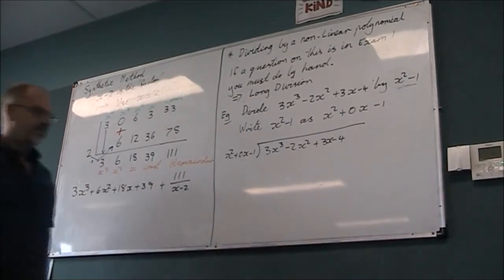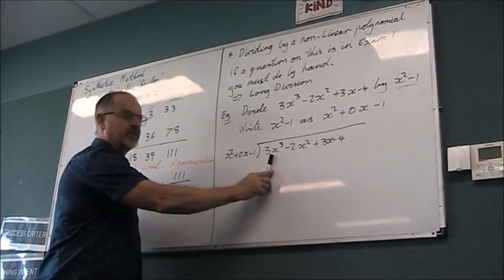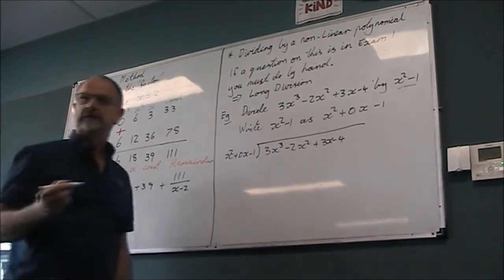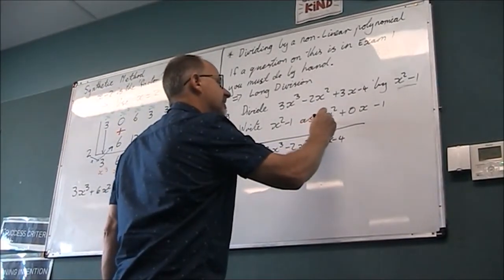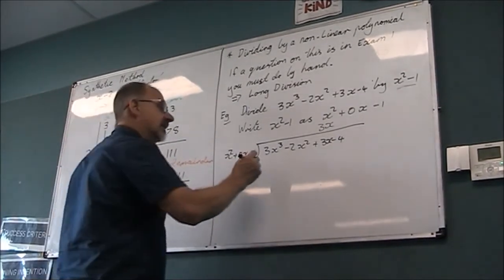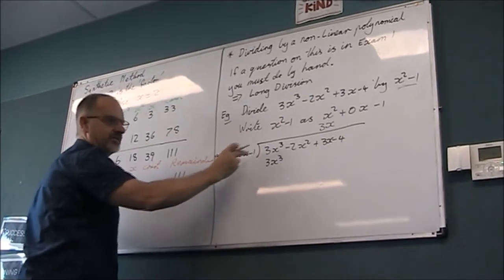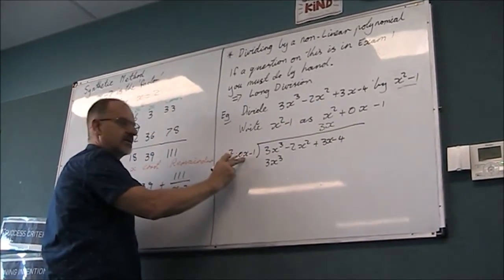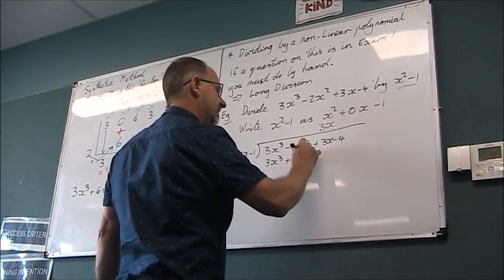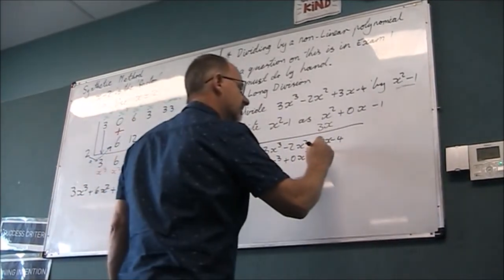So we do the same as before. We've got an x squared here, we need to get 3x cubed, so we need to multiply x squared by just 3x. So 3x times x squared is 3x cubed. And then we multiply the 3x by each of these others, so 3x times 0x is 0 lots of x squared. 3x times negative 1 is minus 3x.